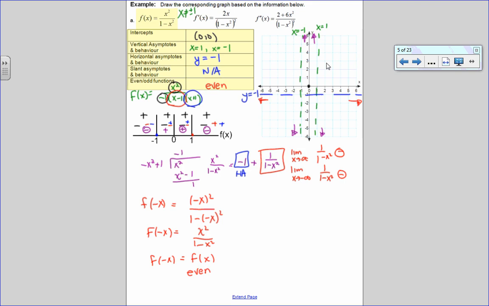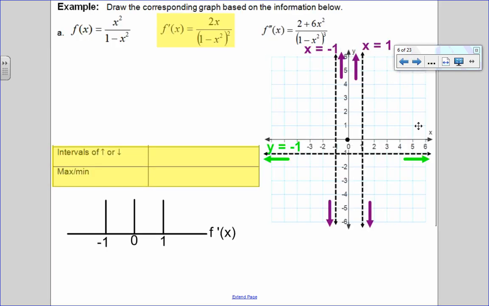Now I'm going to look at my first derivative. So here's all the information that I just found out. The first derivative is going to tell me intervals of increase and decrease, and then maxes or mins. So my first derivative is 2x over, now let's factor this so I can take out a negative 1, because then it will be x squared minus 1 all squared.